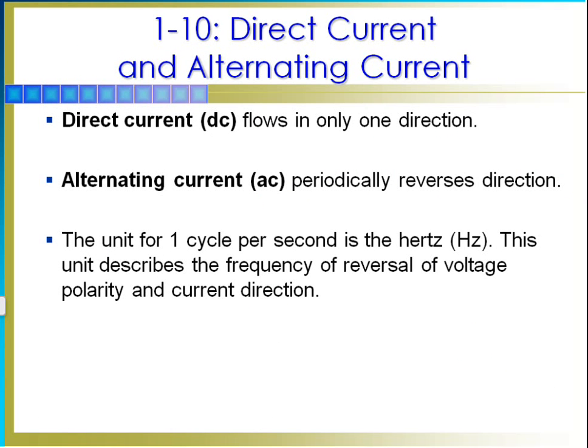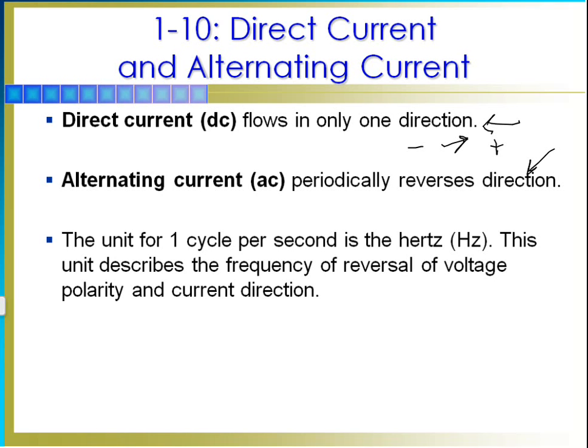Now, this class is DC circuits. DC circuits, current flows in one direction from negative to positive. Alternating current, or AC, that say your house uses, reverses direction on a regular interval.